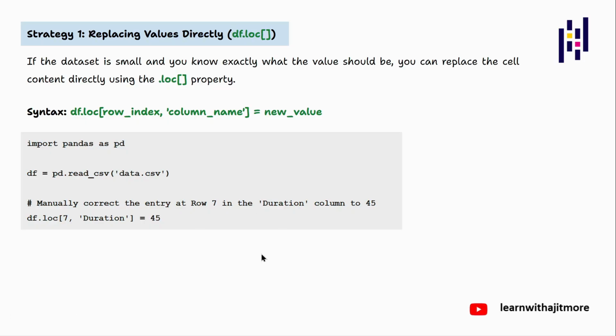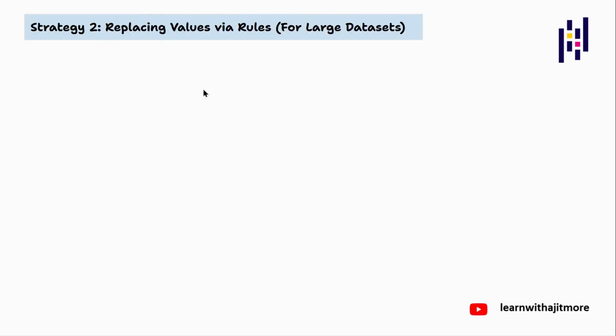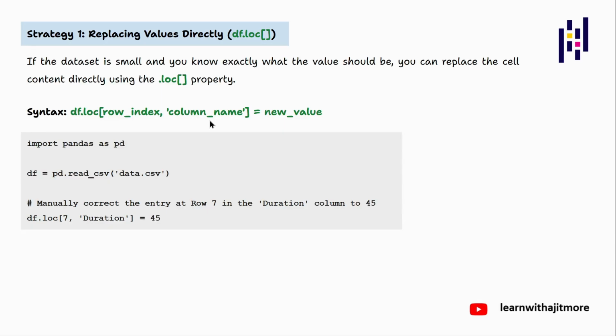How to do that also I'll show you. So this second strategy we will be learning in the next session. That is rule-based replacement. Each and every value will be checked whether it is below 30 or above 60. Yes, replace it with 45. That, how to do it, we'll be discussing in the next session.